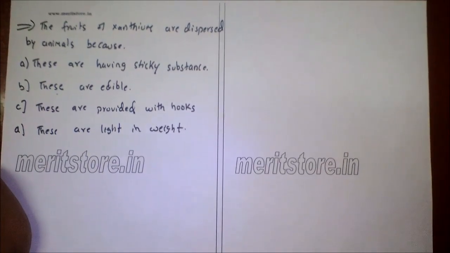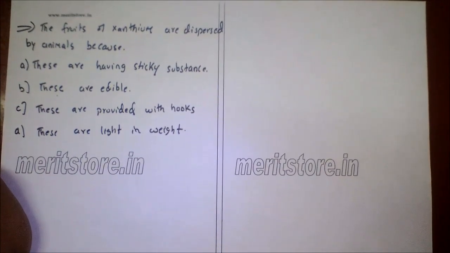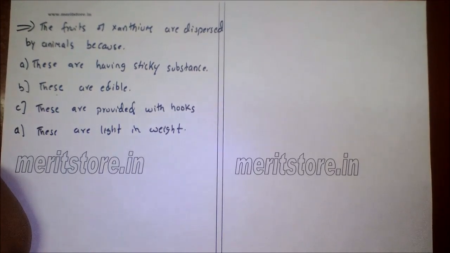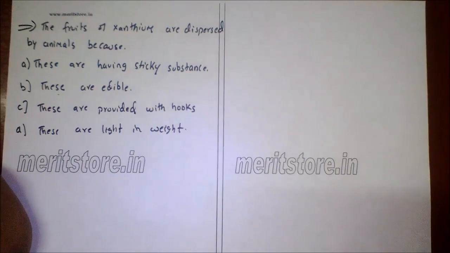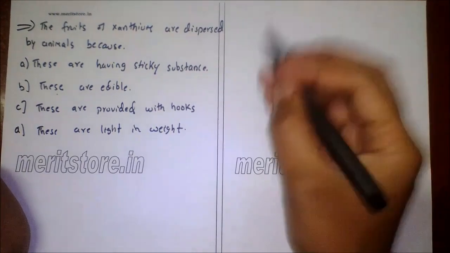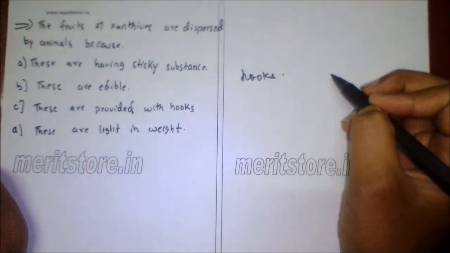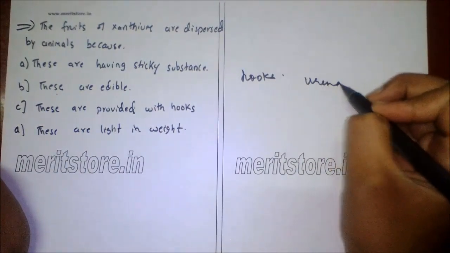Fruits of Xanthium are dispersed by animals because: A. These have sticky substance, B. These are edible, C. These are provided with hooks, D. These are light in weight. So the surface of many fruits is covered with hooks. Example, Xanthium and Urena.